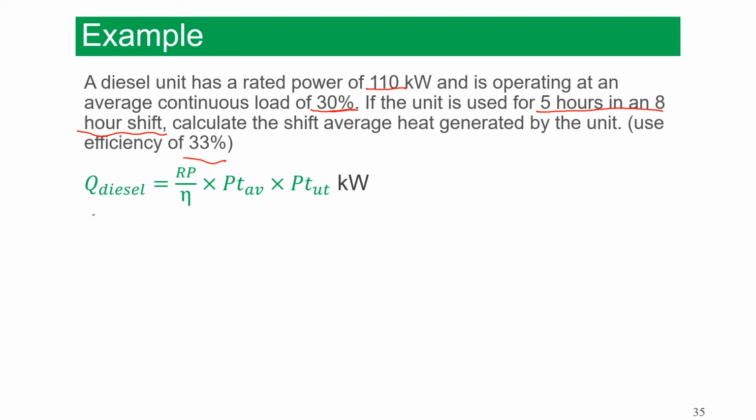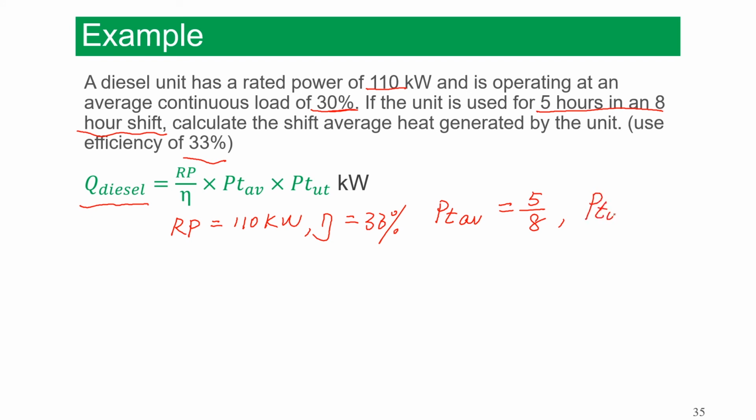Using the diesel heat from utilization, RP equals 110 kilowatt, eta equals 33%, PT average equals 5 divided by 8, and PT utilization equals 30%. If we plug in these numbers, we can calculate Q equals 62.5 kilowatt.